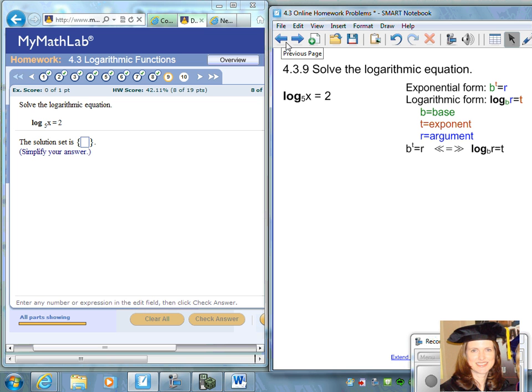This question is in logarithmic form, and we want to solve the equation log base 5 of x equals 2. We solve this equation by converting from logarithmic form to exponential form.